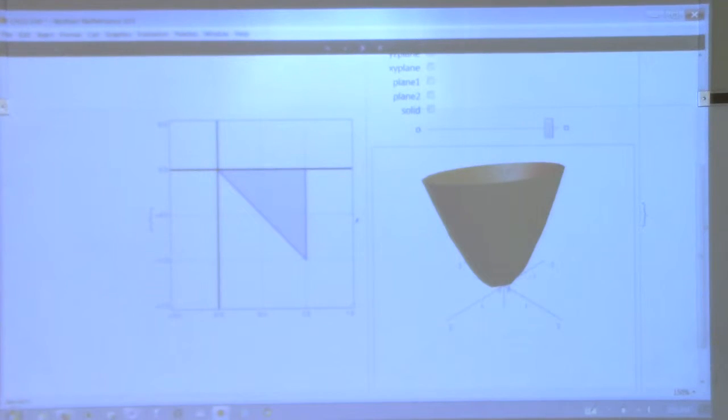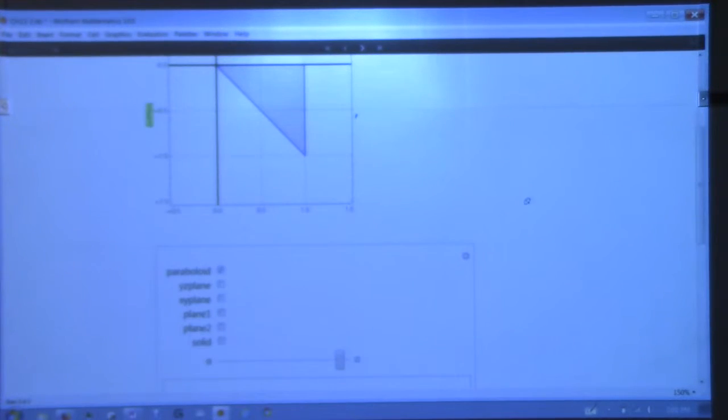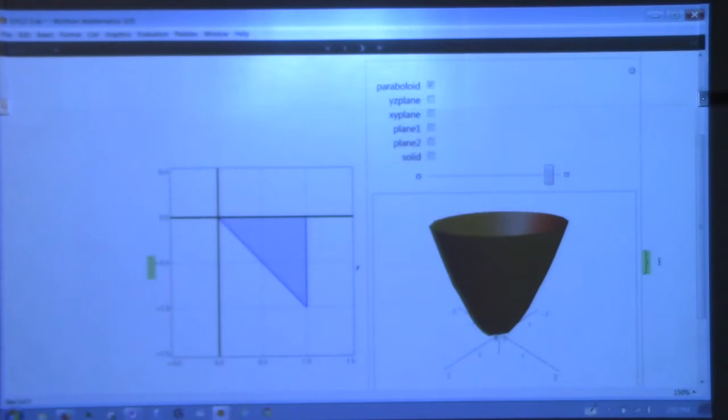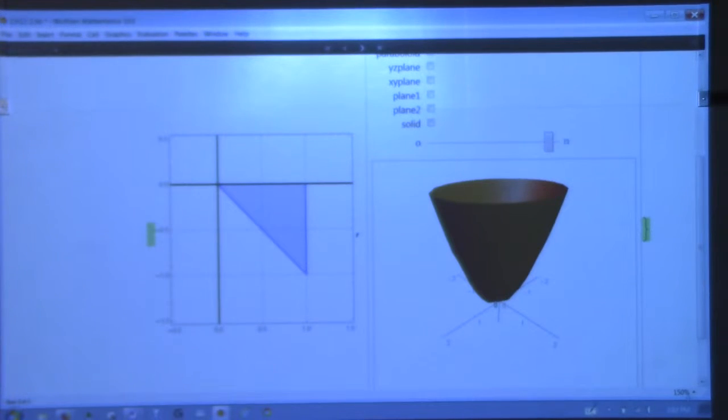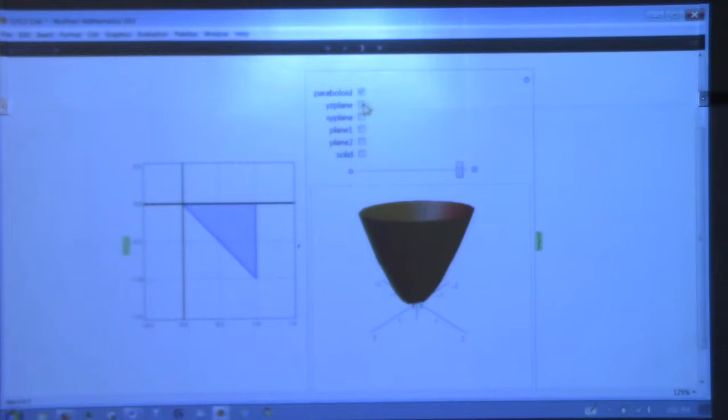Let's just take a look at it. So there's our bowl. There was our bowl. And here's the xy plane.